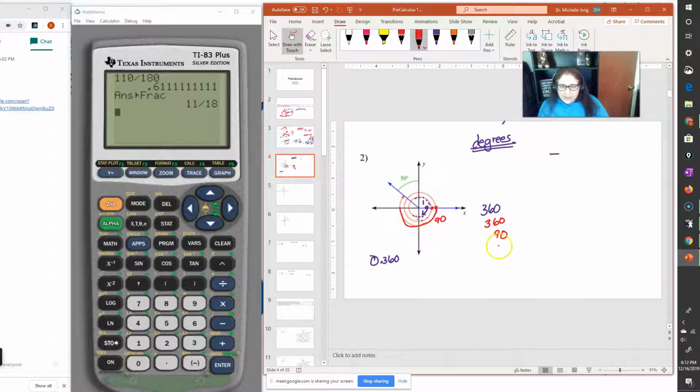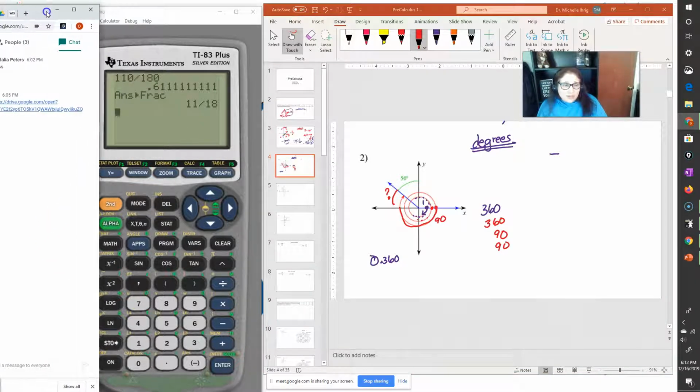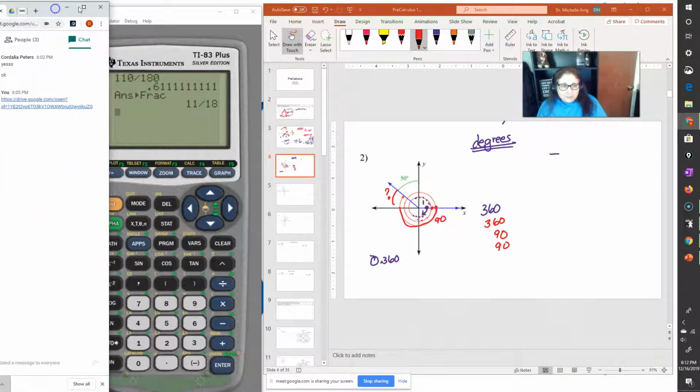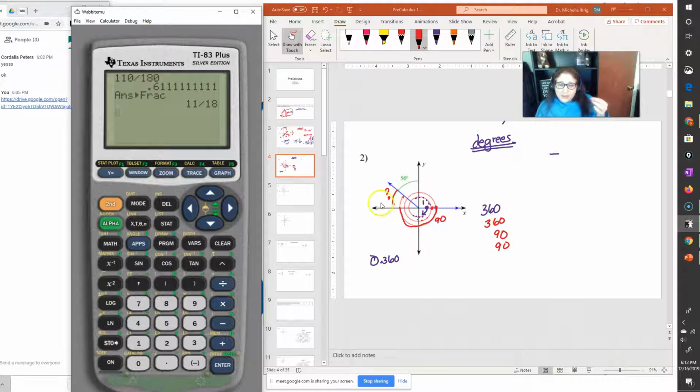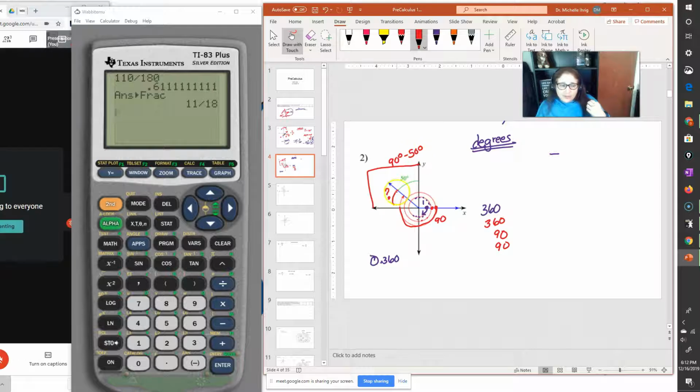Here is 90. And then here, I don't know how much this extra little piece is. But that's when you need to think, okay, if this whole thing is 90 degrees and I subtract 50 degrees, how many degrees are left? 40. And so then I would add the 40.